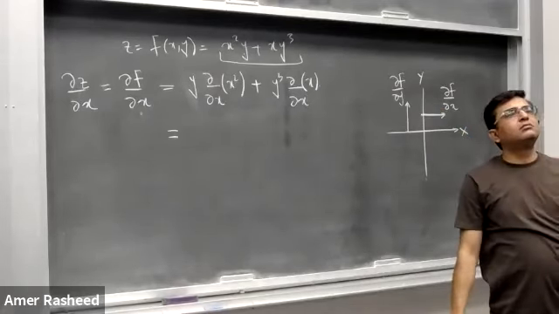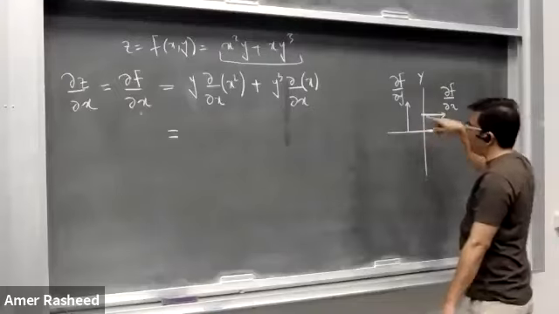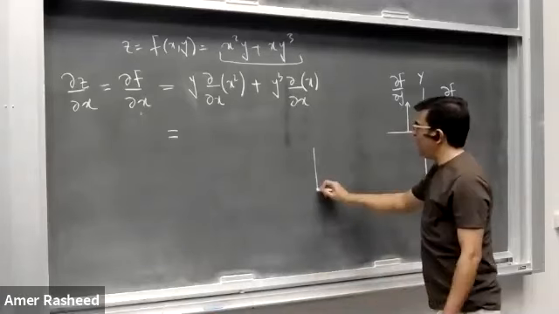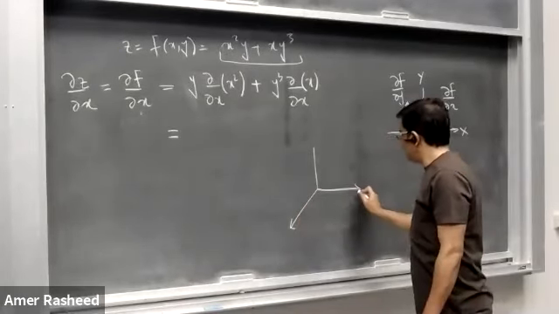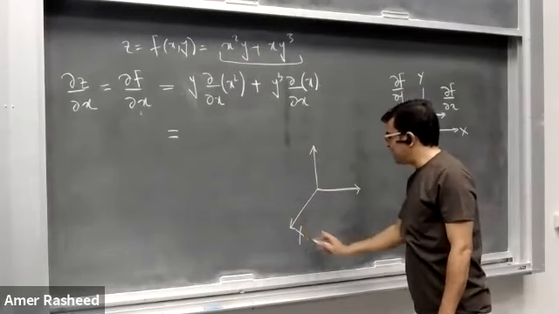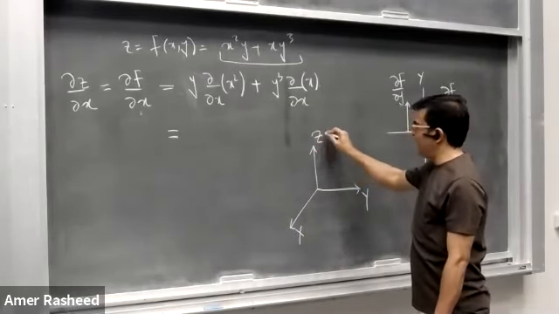Is it true? Yes, sir. Look at this graph. This is not actually the correct graph. In fact, we have to draw a three-dimensional space. This is your x direction, this is your y direction, this is your z direction.